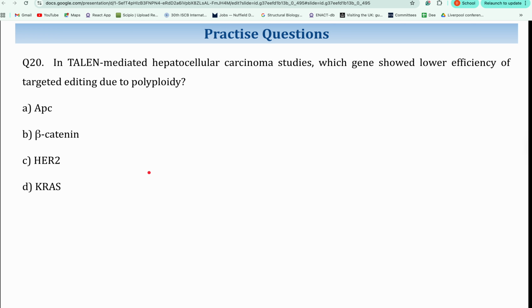Okay, so now let's see the right answer. The right answer is option A, which is APC. So APC is the gene which showed lower efficiency of targeted editing due to its polyploidy.